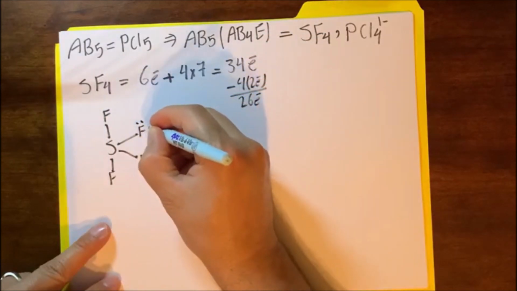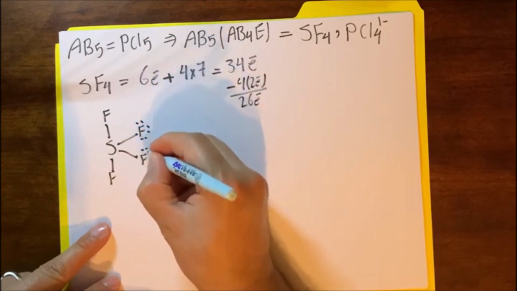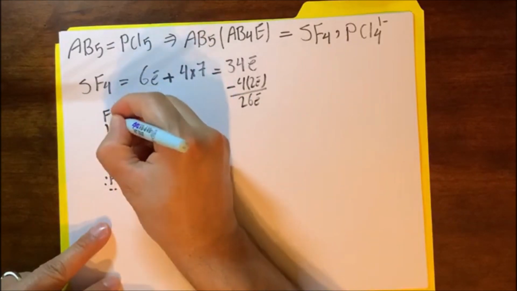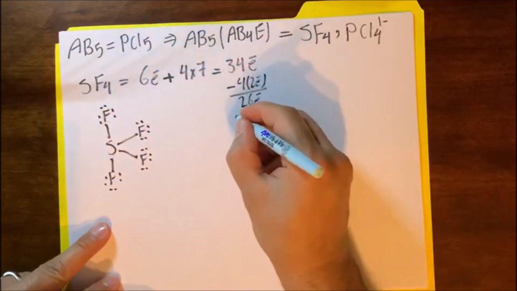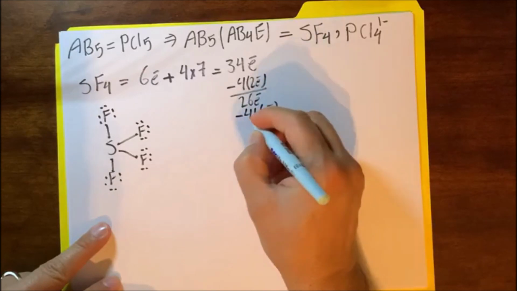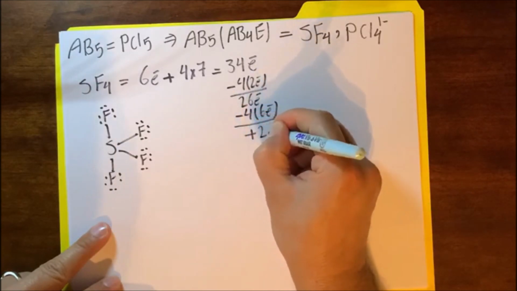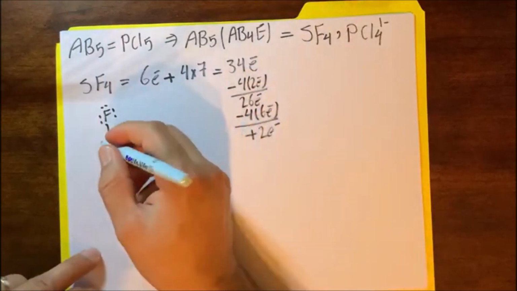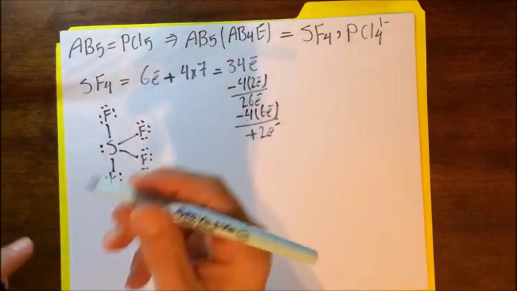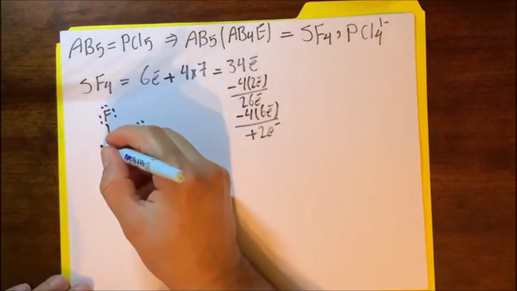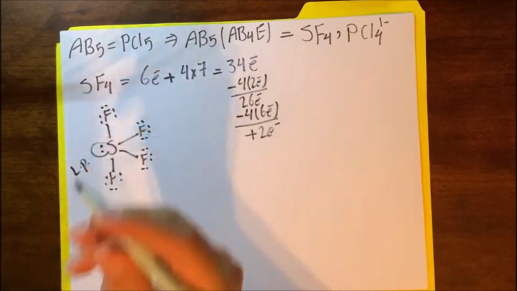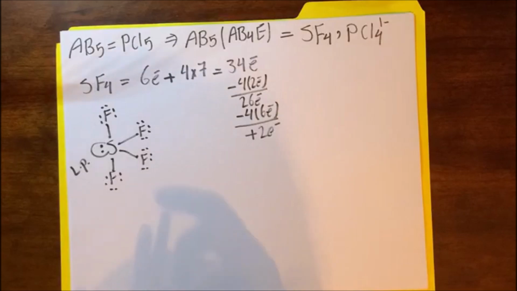Give each fluorine 6 electrons to make it an octet. So minus 4 fluorines, and we give each 6. That leaves plus 2 electrons. You don't have any option, you put it on the central atom. And this one is going to be a lone pair, a lone pair on sulfur.